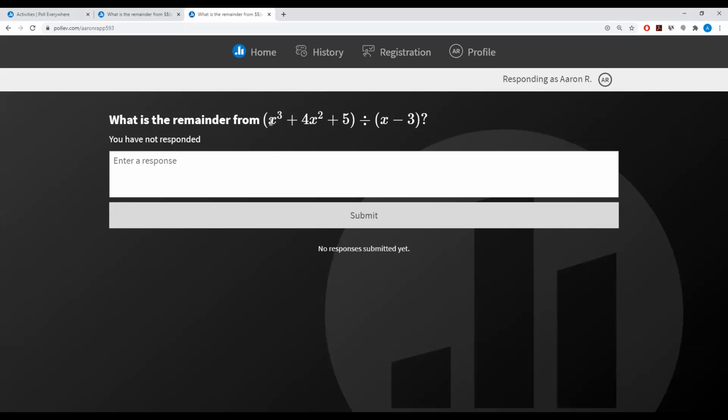You can use polynomial long division or synthetic division if you want on this. Either will give you the right answer, though I recommend that you use synthetic division.